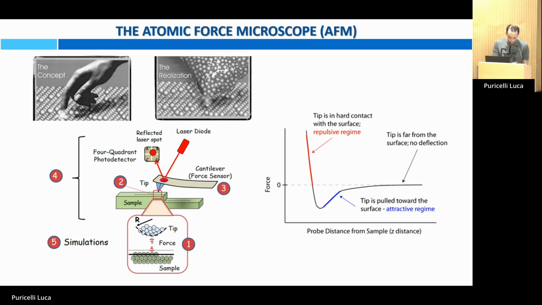For example, when the tip is pulled toward the surface, in the so-called attractive regime, you can measure the adhesion between the tip and the sample, which can provide chemical information on the nanoscale about the properties of the surface.